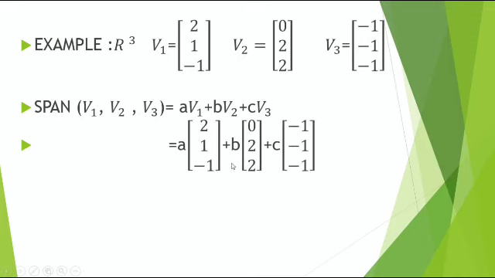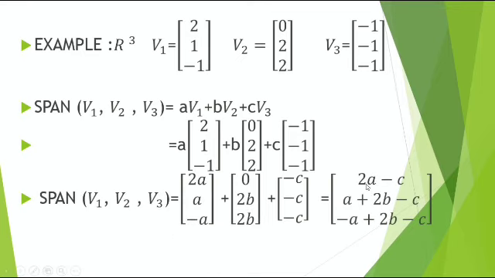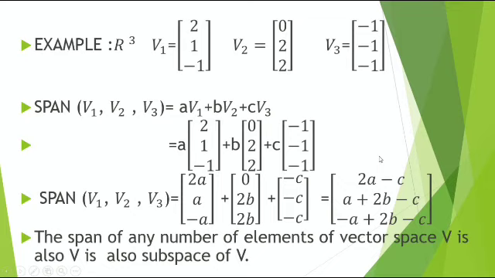Distributing the scalars and then doing the vector addition, the span of these 3 vectors takes the form 2a minus c, a plus 2b minus c, negative a plus 2b minus c. So the span of any number of elements of a vector space V is also a subspace of V.